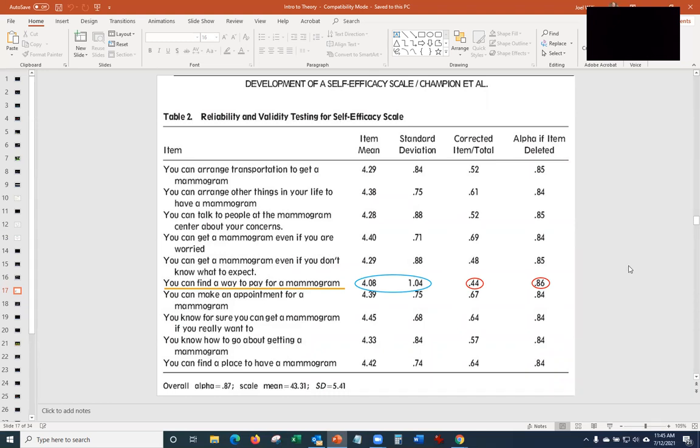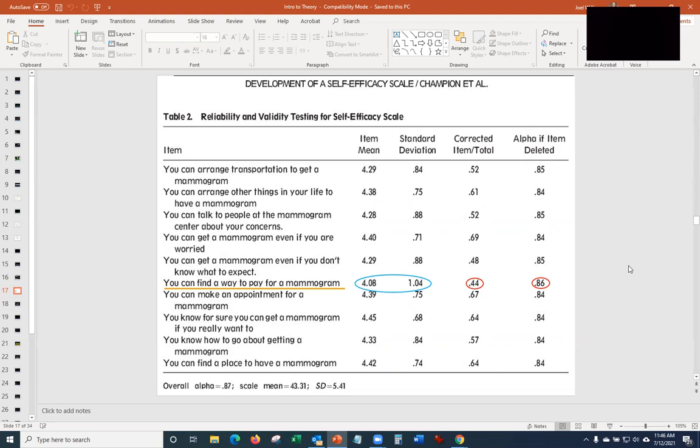And let's say that ranges from 1 to 5, where one is low agreement or no agreement at all, might be strongly disagree. The 2 response would be disagree. Maybe the 3 response would be neutral. The 4 response would be agree, and the 5 response would be strongly agree.